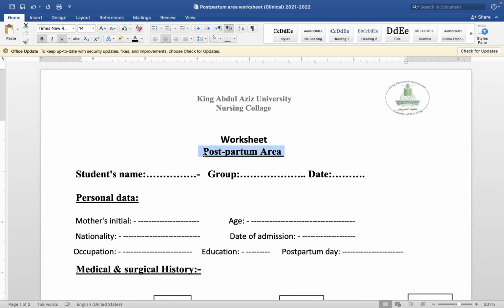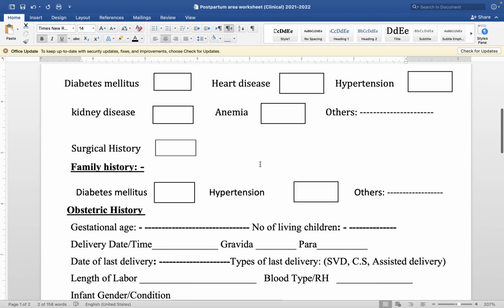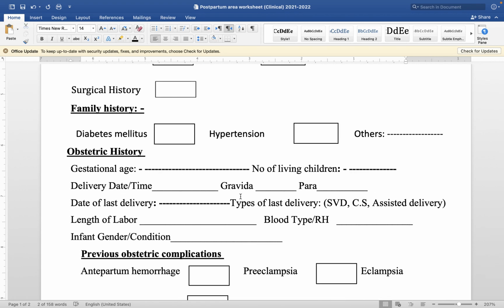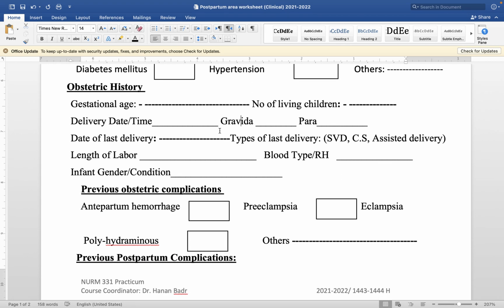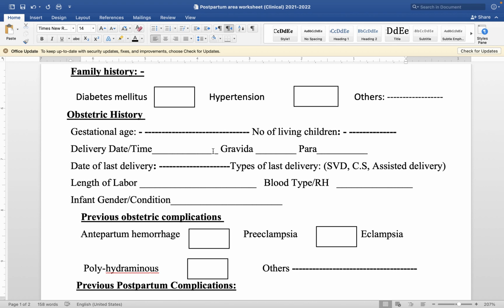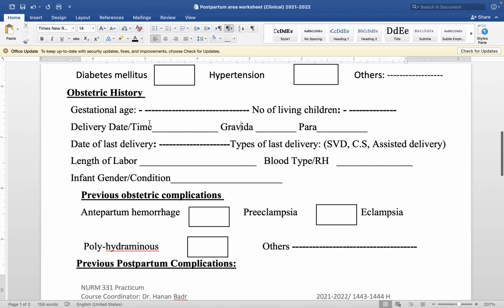So remember that postpartum means after delivery. So you are filling this report for a postpartum patient. In the postpartum unit, when the mother delivers the baby and is doing well, she is transferred to the postpartum floor or unit or ward, whatever the place is called.